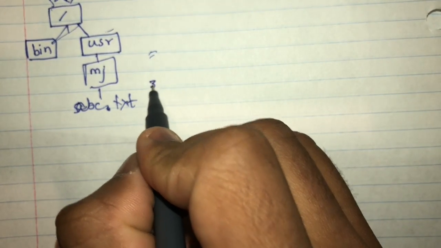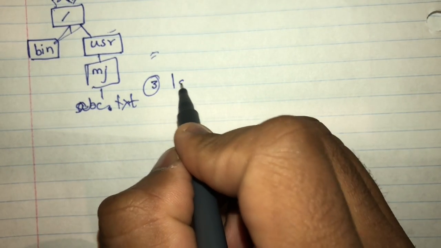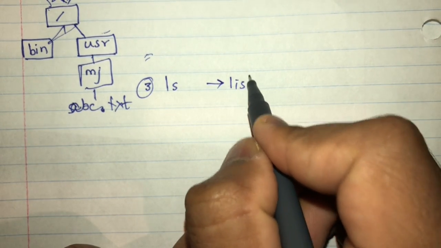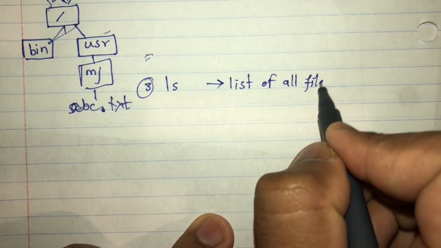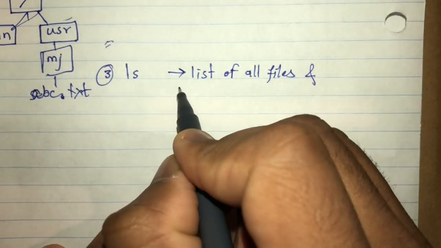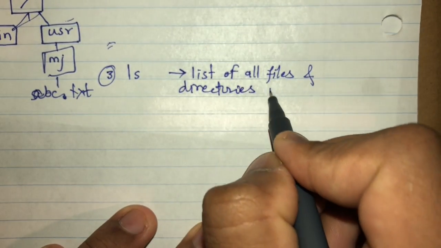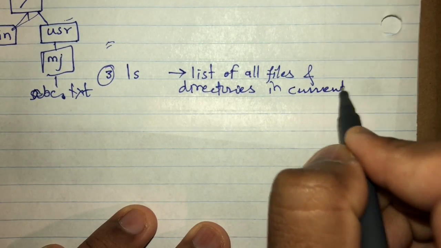Now the third command that I want to show you is the ls command. So it is going to give you the list of all files and directories in current directory or present directory.